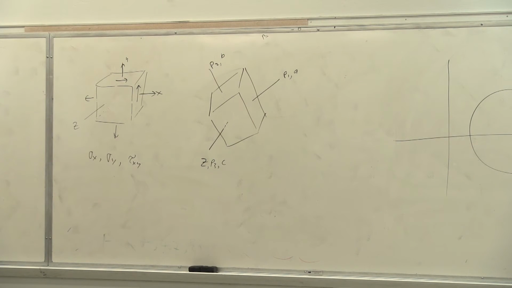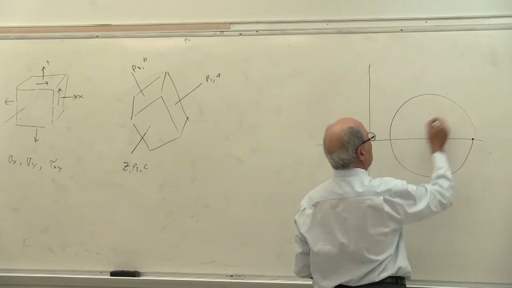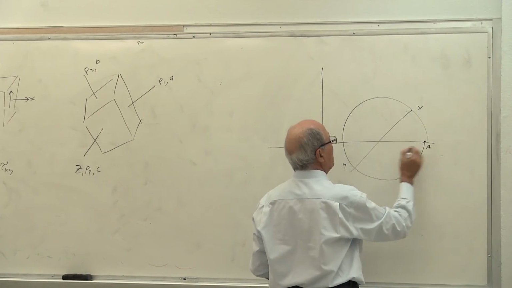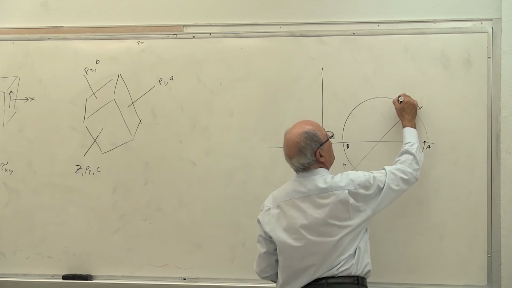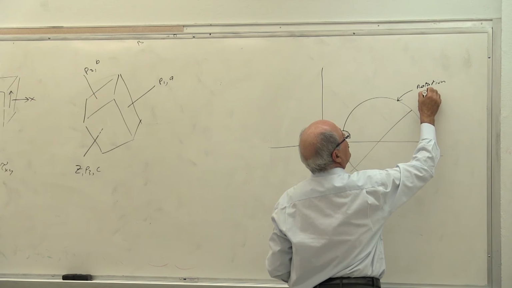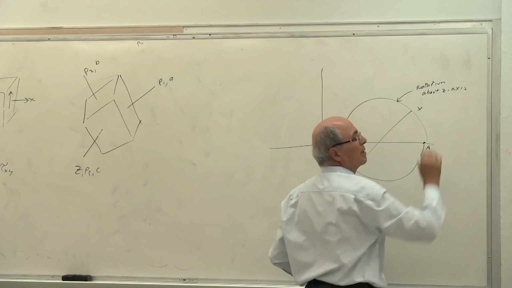Correct? Now, all this is rotation about. So you do the same thing as we were doing before. So if I started with X and Y, X and Y end up as A and B. So this is rotation about the Z-axis. Yes or no? Correct?